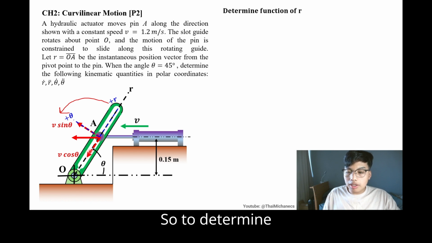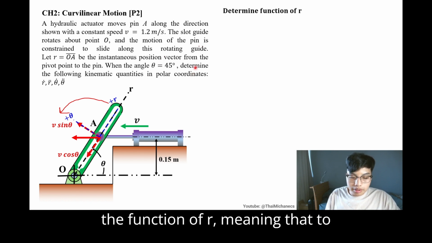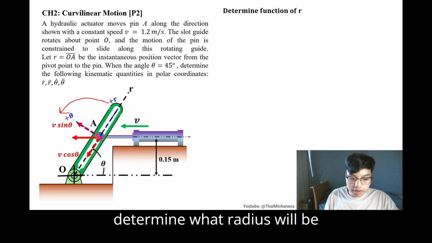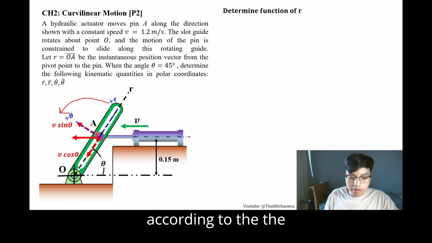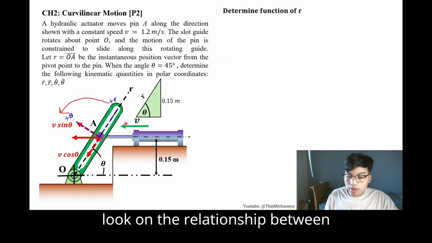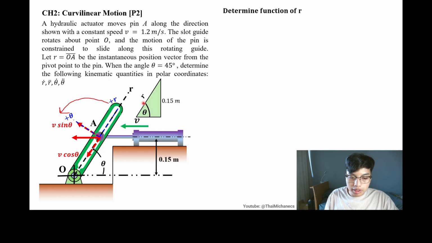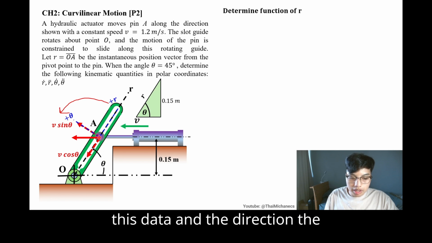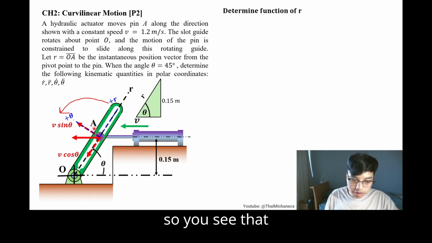To determine the function of r, meaning what the radius will be according to the push of the actuator, we have to look at the relationship between this theta and the displacement r. You see that I drew this triangle.